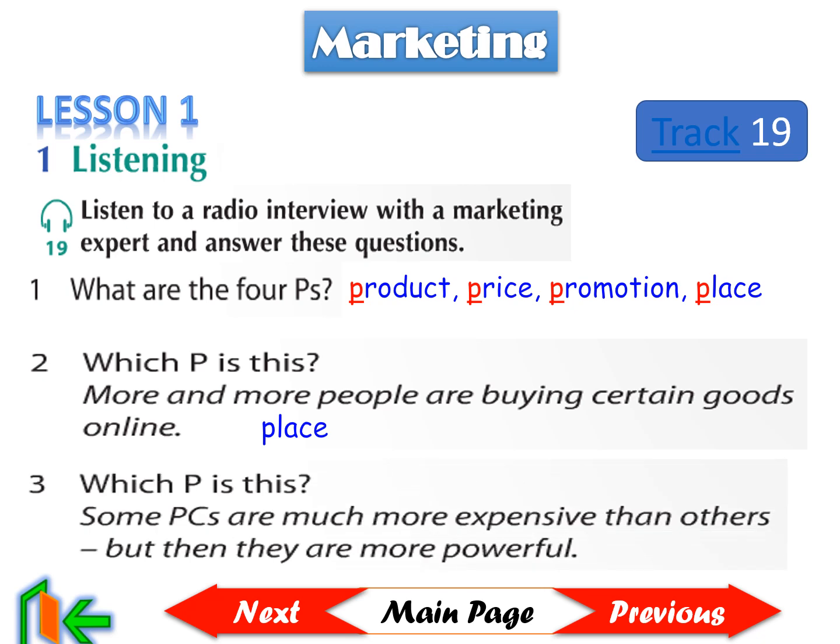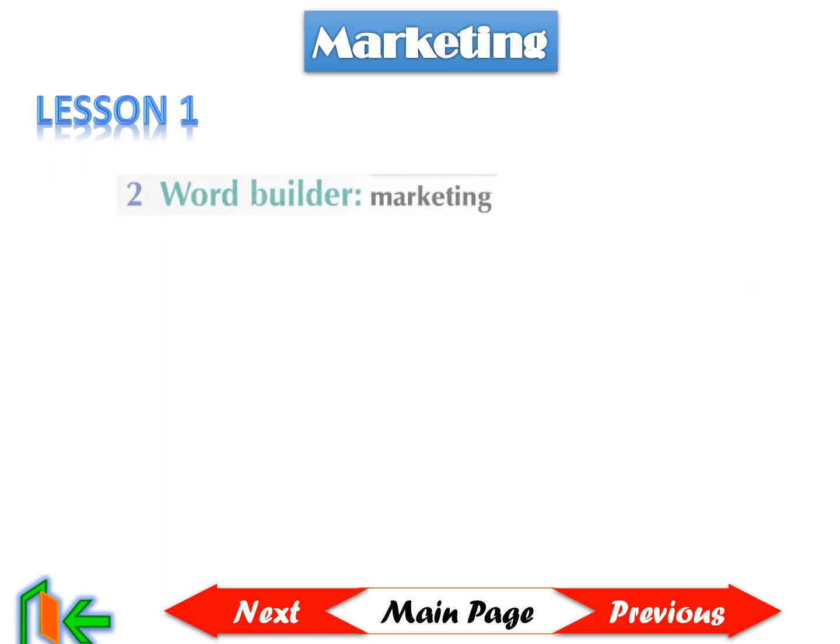Which P is this? Some P's are much more expensive than others, but then they are more powerful. You can try to guess the answer. Of course, this is about product.